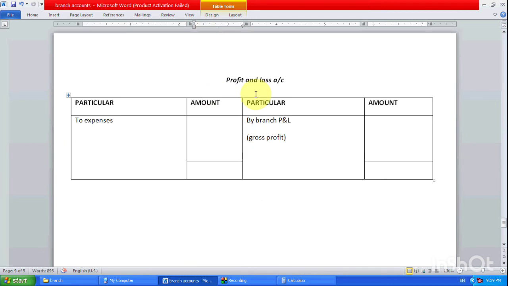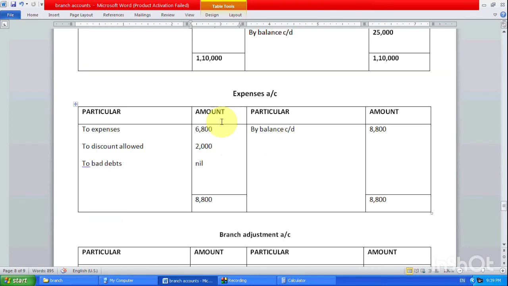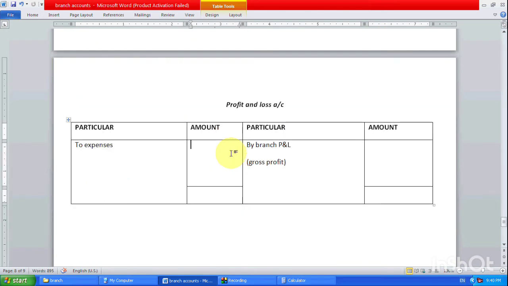Now last pro forma, profit and loss account. Expenses, how much expenses we have got here by balance carried on? 6,800.